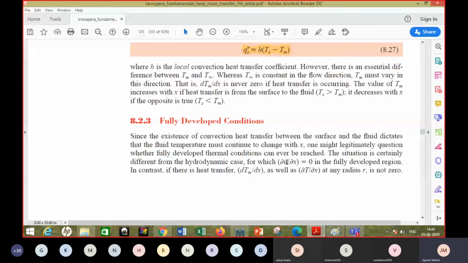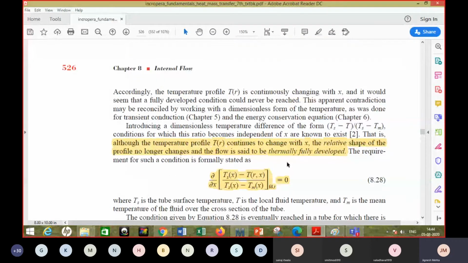And it was also told that in fully developed conditions, the temperature profile continues to change with x, but the relative shape of the profile no longer changes, and the flow is said to be thermally fully developed.